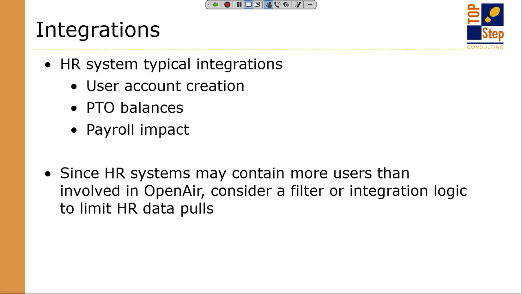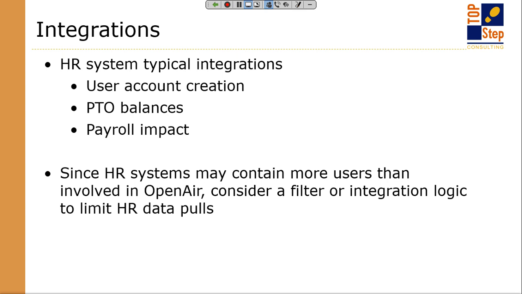You do want to make sure that you're only pulling in the people that you need from your HR system and the information you need from your HR system. And you have to be very careful with HR systems, as you have typically more confidential data there than you will in these other systems. You have to ensure that you've got a good audit process set up after you perform one of these integrations.